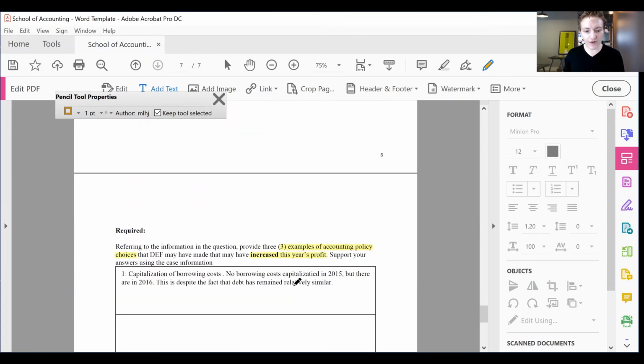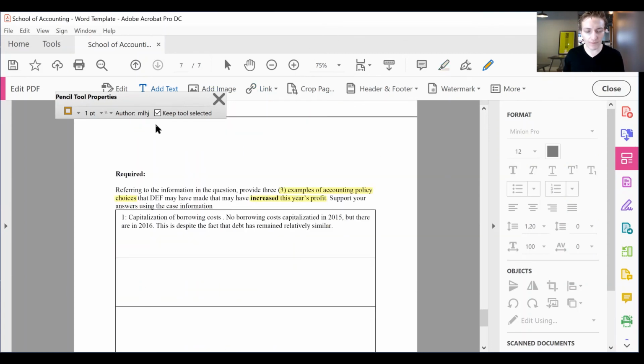So the second portion of our answer here could, for example, be 2, how the firm has dealt with allowance for doubtful debts. In this case, allowance for doubtful debts appears to remain the same.